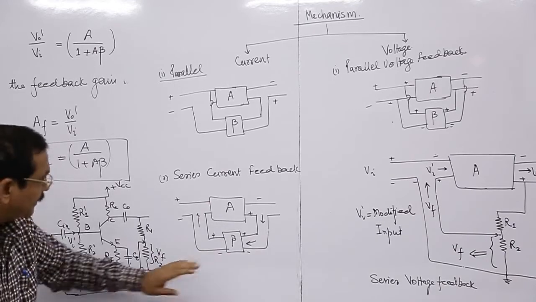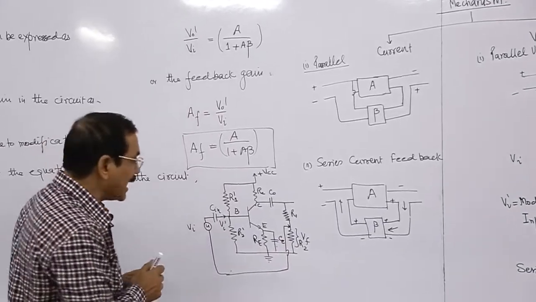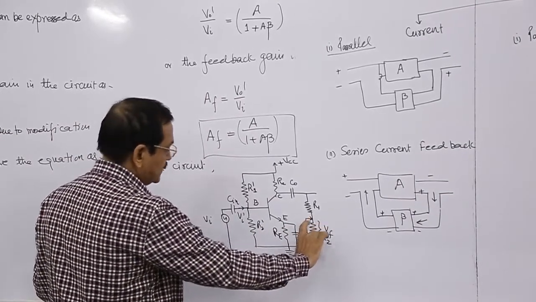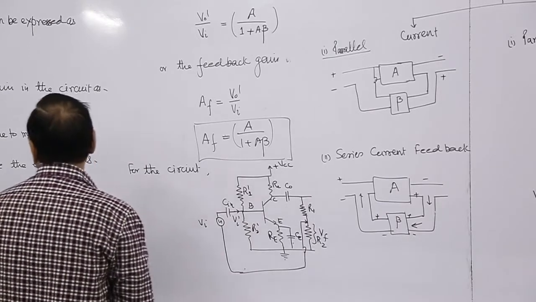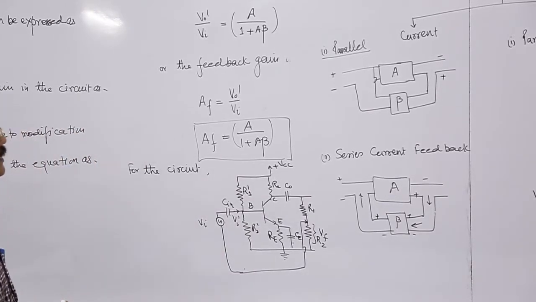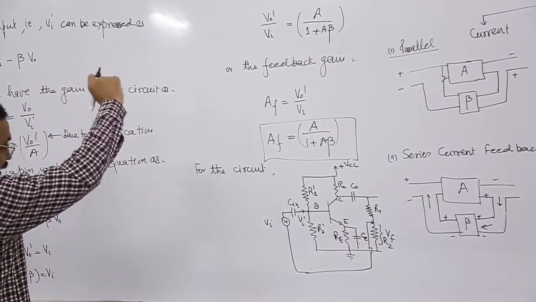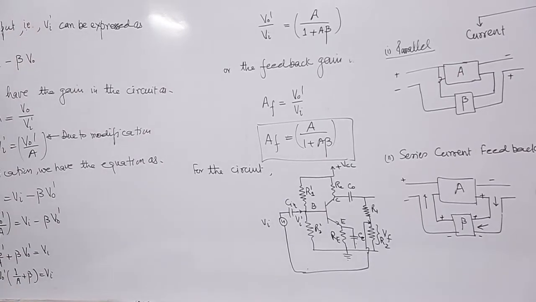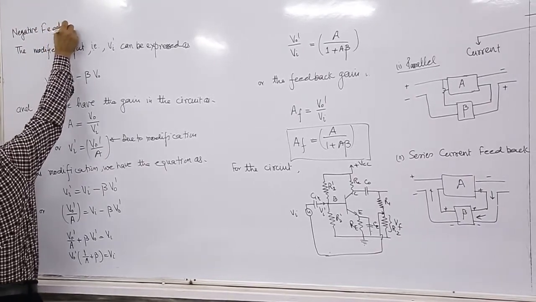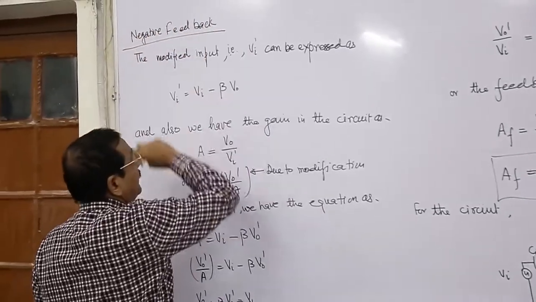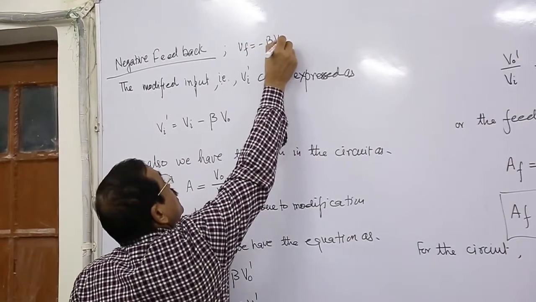Now one important thing, during this feedback, what actually happens? The input is out of phase to the output. So if we take this input out of phase, we can have the negative feedback. In this negative feedback, we take Vf equal to minus beta V0 dash.